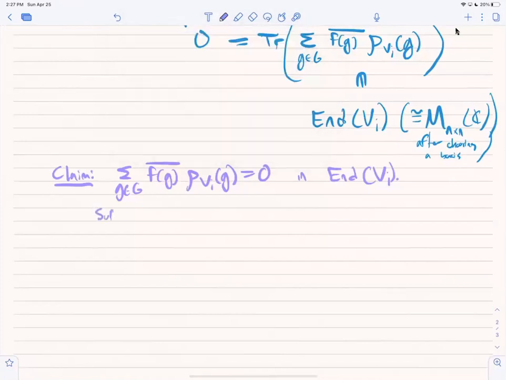Well, it suffices to show that it's equal to some scalar times the identity linear transformation, because then, if the trace is equal to 0, the trace is just going to be the dimension of Vi times lambda.